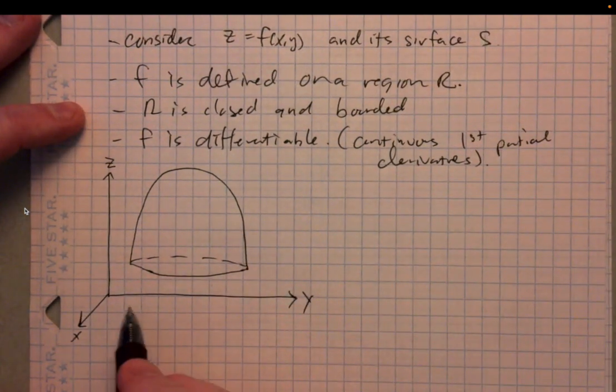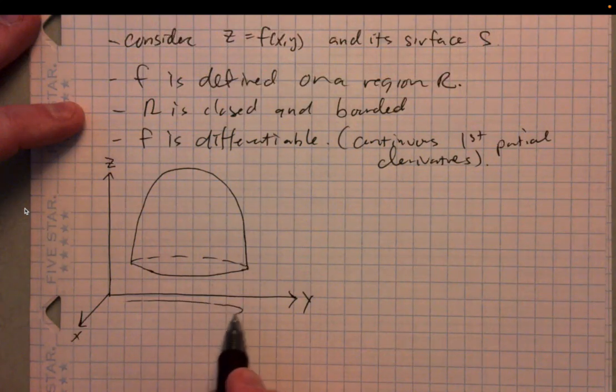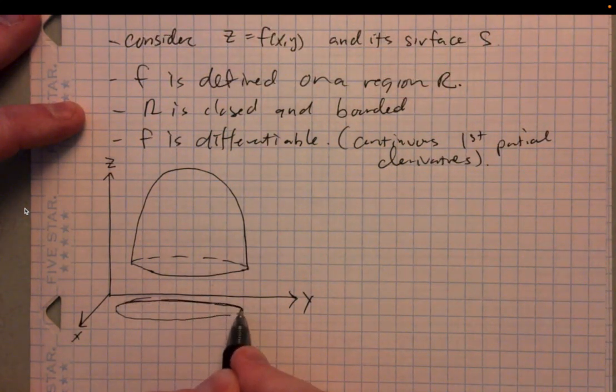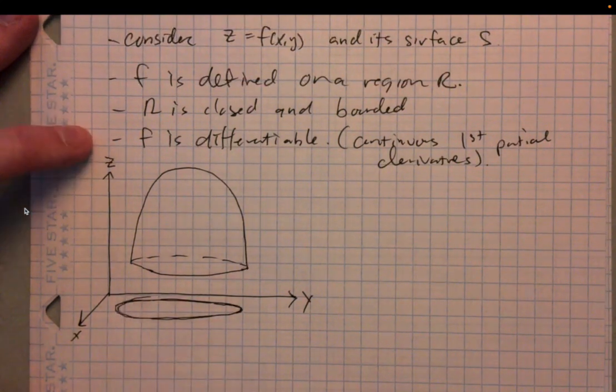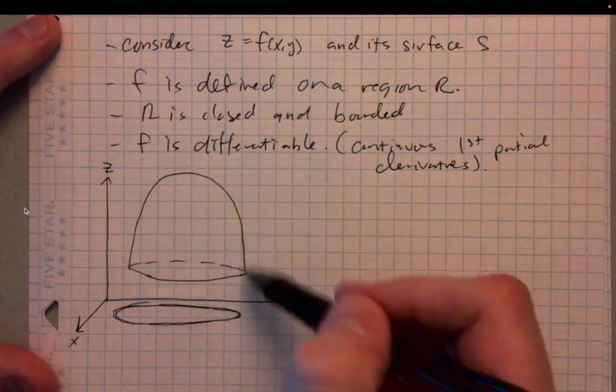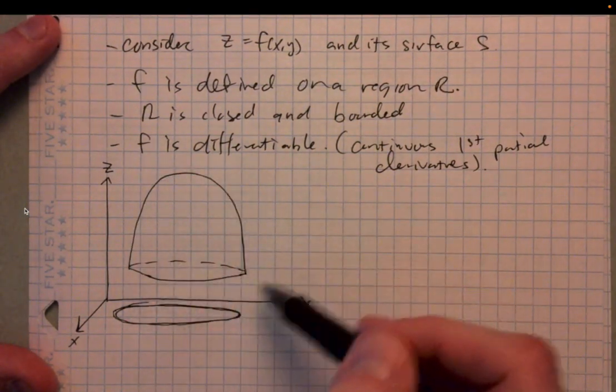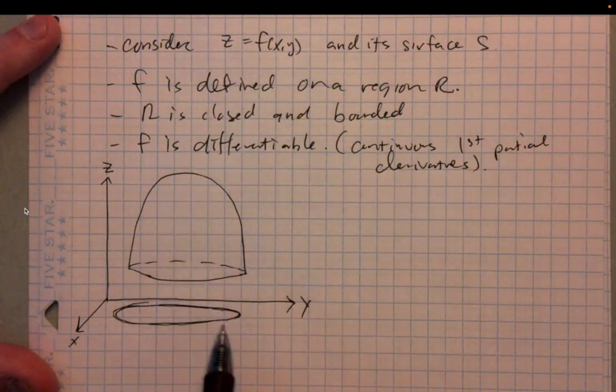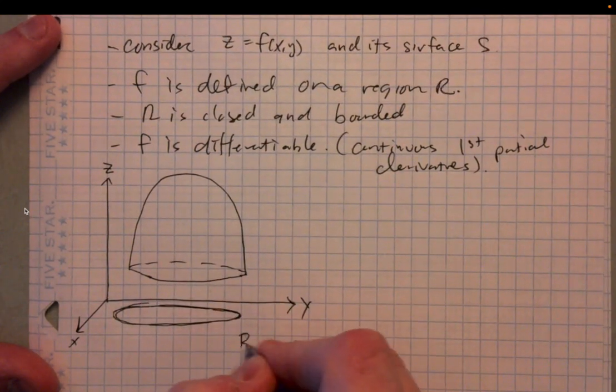And in the xy plane, we've got this region R. This is not a terrible drawing yet. It's pretty good. What we're interested in is the surface area of this surface that lies above R.